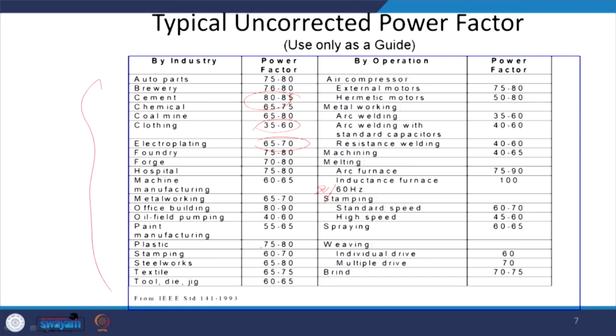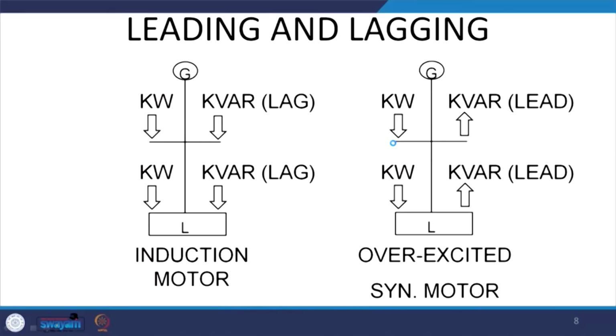You can see that the average power factor is between 0.75 and 0.65, and even arc welding is 0.35. So, for this reason we require to do something to improve the power factor, which is also an issue of the power quality.